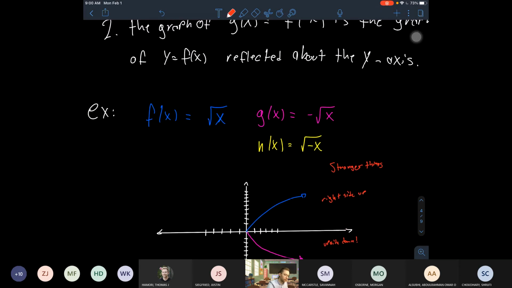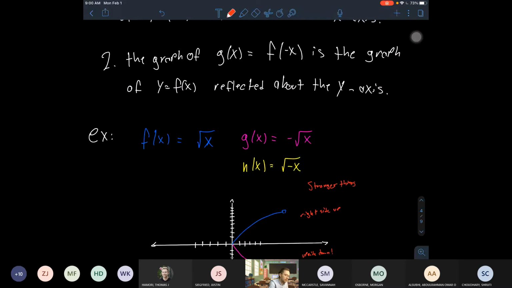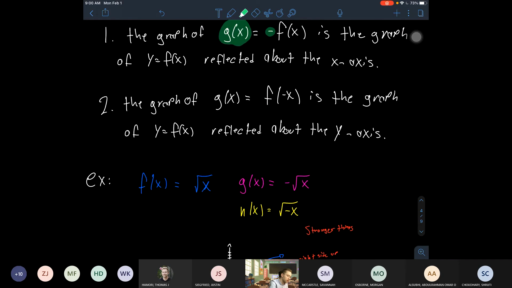Cool. So let's learn the second rule now. If we take that negative sign and instead of having it out front, which is what we did before, we put it inside and attach it to that x there, what is that going to do? If (x, y) was on f, then (-x, y) is going to be on g.